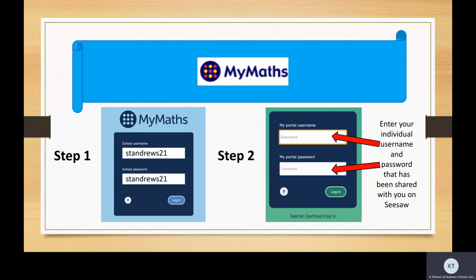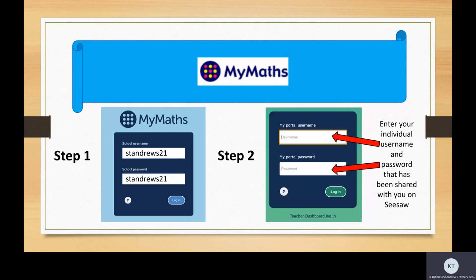The first step is to get onto the St Andrews portal, and to do that you need to type in the school username and the school password, and you can see on the left of this screen the school username and school password are the same to make it easier for you. You need to type in St Andrews 21.